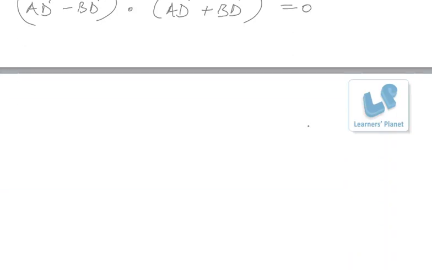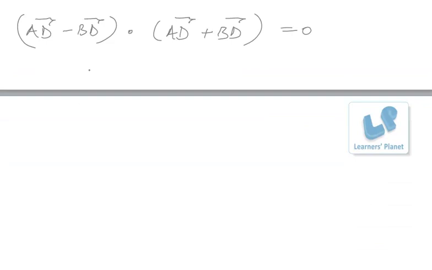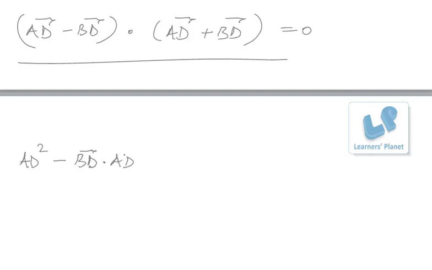Now if we apply the distributive law of scalar multiplication, we get AD squared minus BD dot AD plus AD dot BD minus BD squared, which is equal to 0.